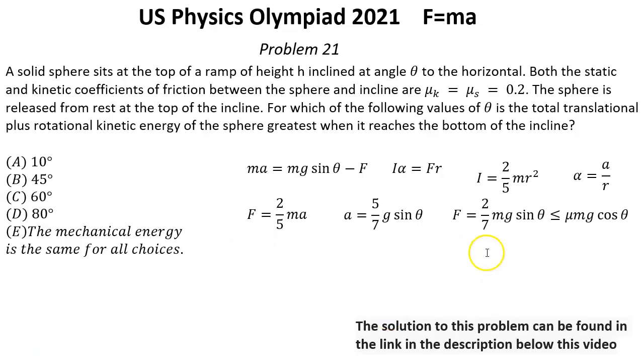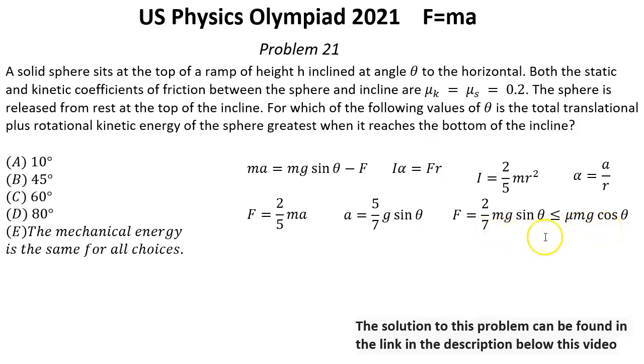The force of friction will be 2 over 7 mg sine theta, which cannot exceed the maximum possible force of friction, which is mu multiplied by the normal force, which is mg cosine theta.